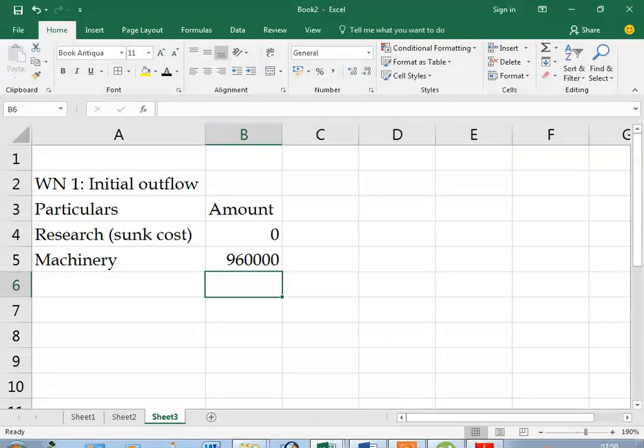This new machinery will be installed in a factory area. The company has already arranged this, and the payment has to happen now. What do I do with that?